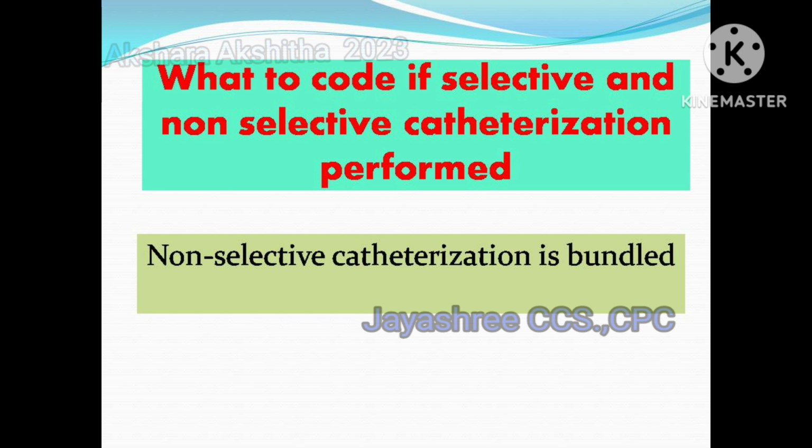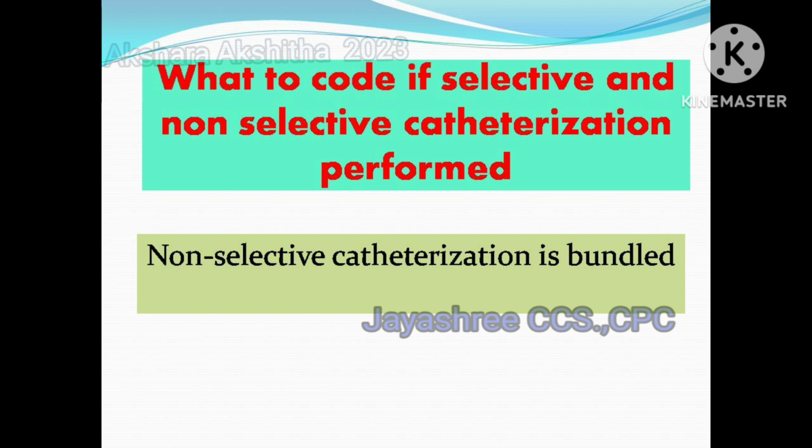The coding guideline is, we have to code only selective catheterization. Non-selective catheterization is bundled with selective catheterization, so we should not bill it separately. Whenever the doctor performs both, please code only selective catheterization and don't code non-selective catheterization. Consider all non-selective catheterizations included in the selective catheterization.